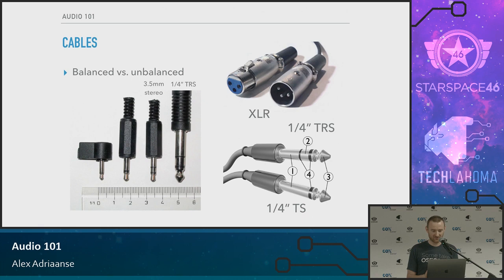With a balanced signal, the same signal is carried over both the hot and the cold wire, but on the cold wire it's inverted. Whatever you plug it into, which may be a mixer or amplifier, basically subtracts the two signals, and because one of the signals is inverted, it actually doubles the signal.